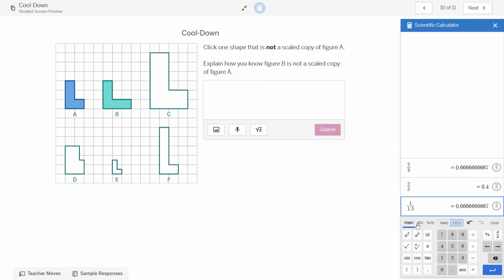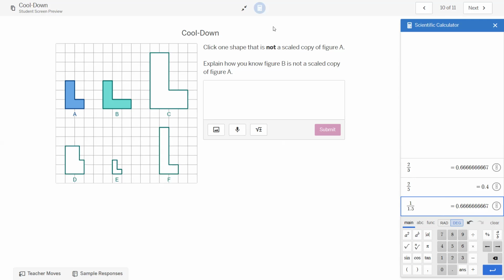And guess what? It works. So our scale copies is A, E, and C. All right. And so B, F, and D are not scale copies. And we know that because we compared them or we looked at them. All right. Okay, so good job for now.